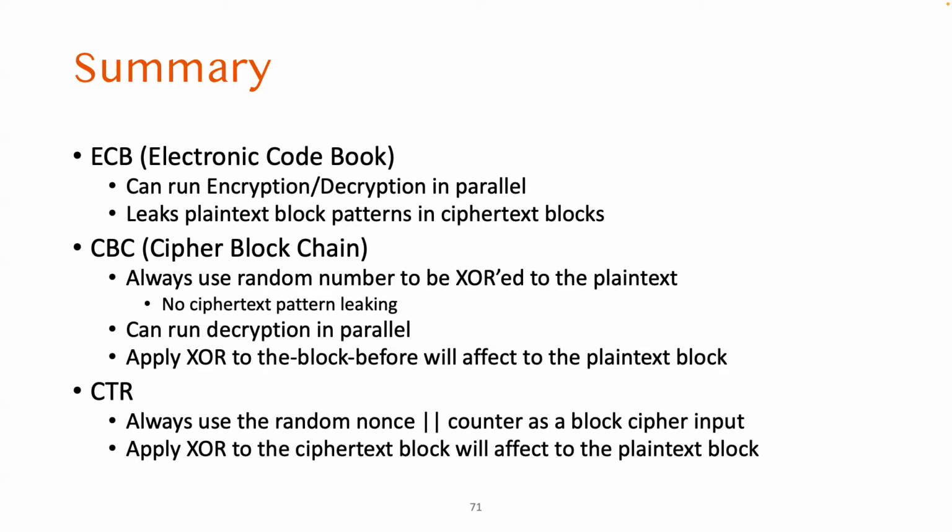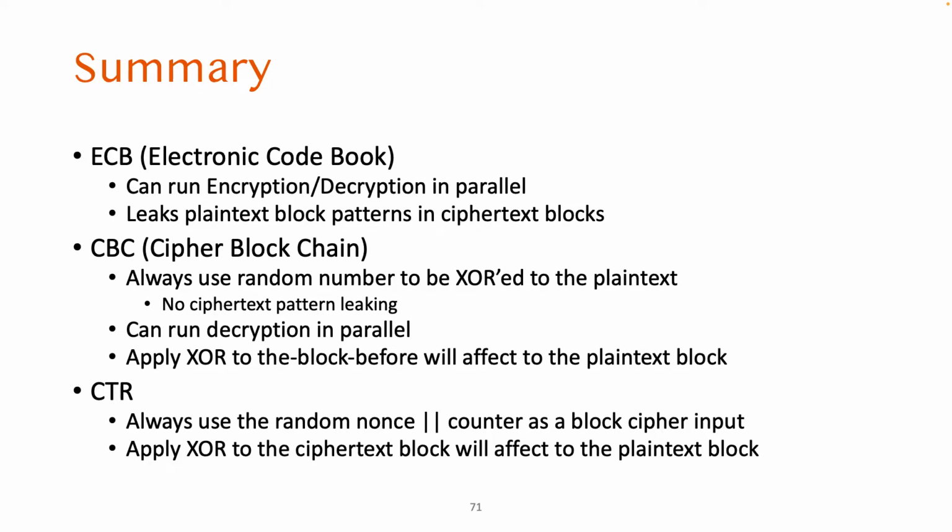Another weakness is that to control the plaintext, we need to manipulate the ciphertext of the block right ahead of it, and applying the XOR on it will be directly shown on the plaintext of the decryption. And for the CTR mode, we can run encryption and decryption in parallel, and also the ciphertext-to-plaintext pattern will not be leaked because we will not reuse the random nonce and counter at all.